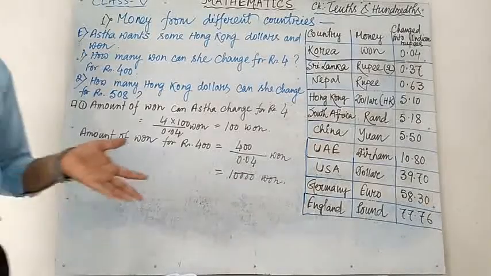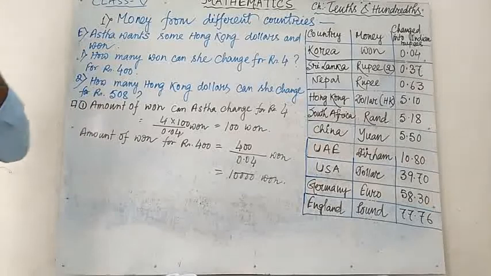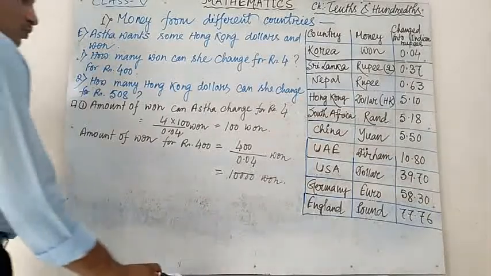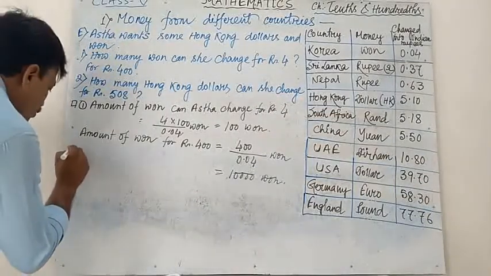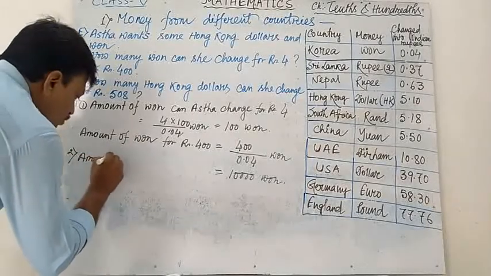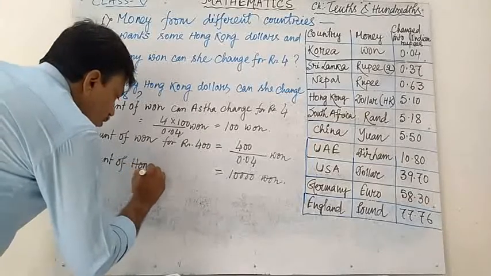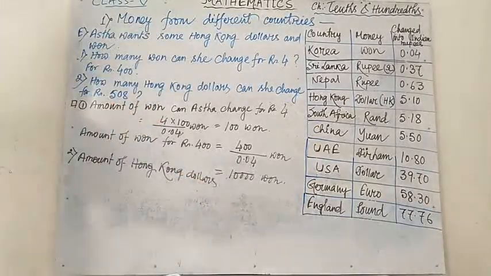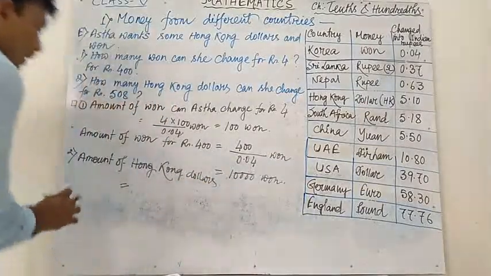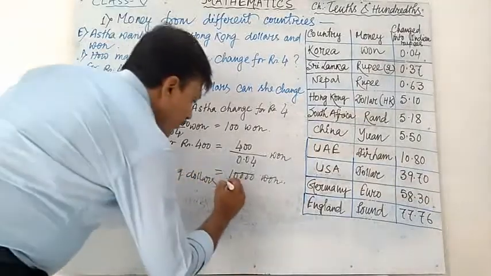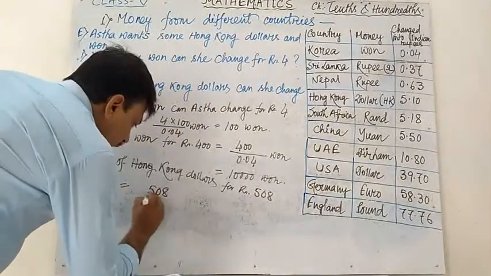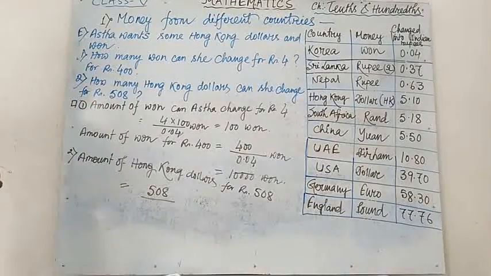So we have to find out for rupees 580 how many Hong Kong dollars there are. So the amount of Hong Kong dollars for rupees 580 equals 580 divided by 5.10.